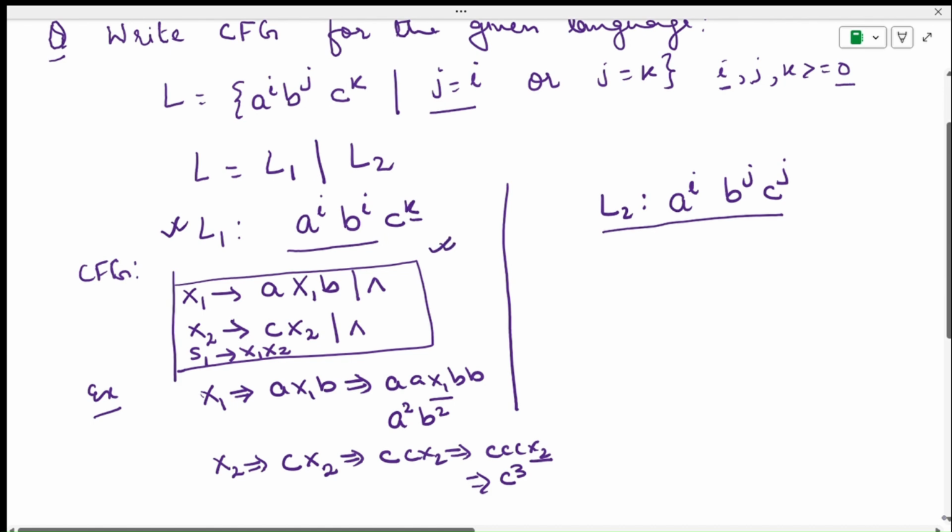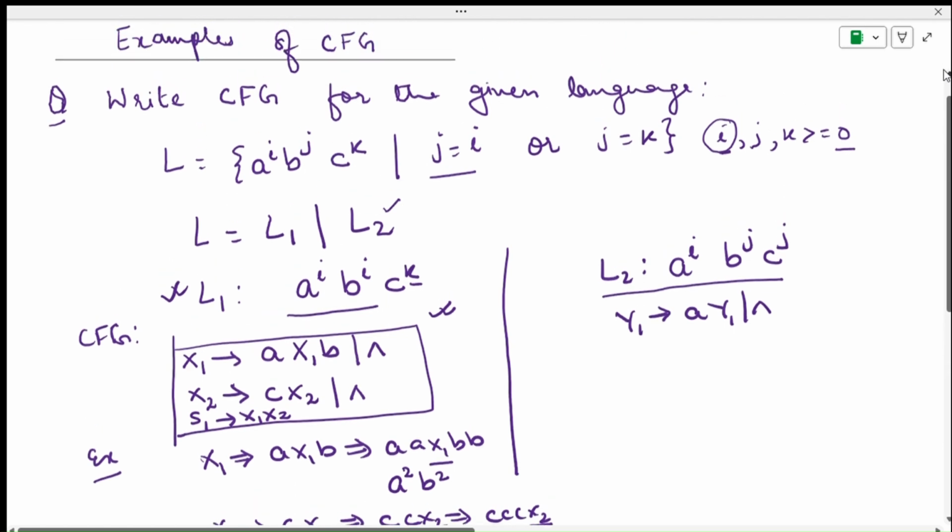Now let me write the grammar for language L2, where the number of A's is independent of the number of B's and C's. The number of B's and C's are the same in this case. So again, take some variable, say y1. This is for a y1, or null, because we know the smallest value of i is 0, so I can replace this with null.